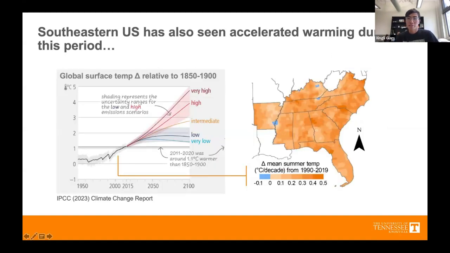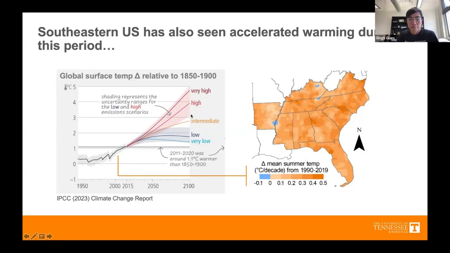And the southeastern US is a region that has also seen accelerated warming during this most recent 50-year period. So if you look at this particular graph, you can see that since about the 1970s onwards, there's been an upturn in warming temperatures, and then all the way up to this current decade.